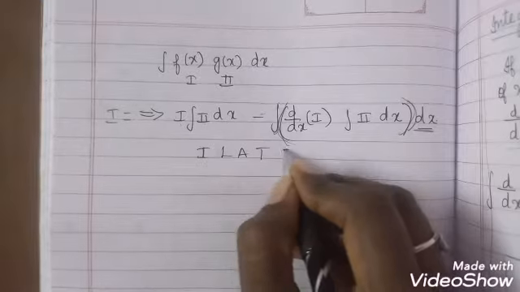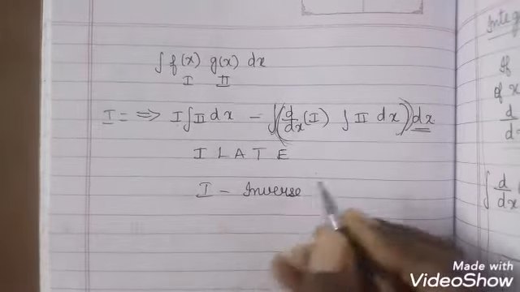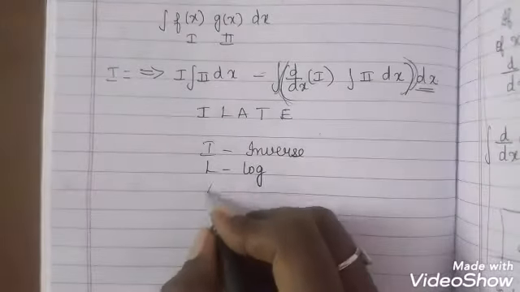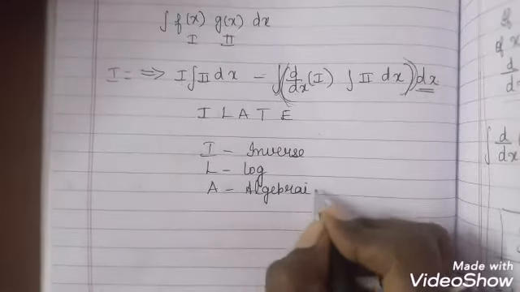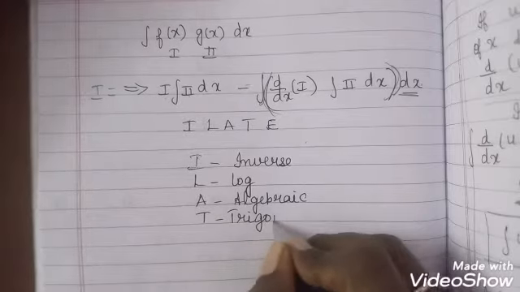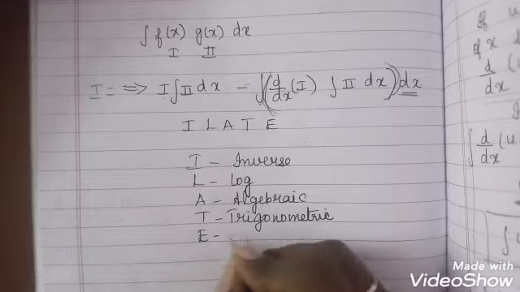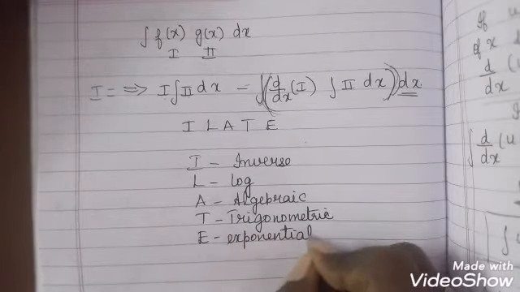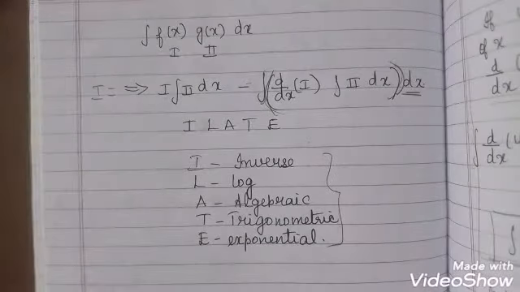What is this ILATE formula? Your I stands for inverse, L stands for logarithmic, A stands for algebraic, T stands for trigonometric, and E stands for exponential. This is what you have here. Based on this order only you will take your first and the second one.